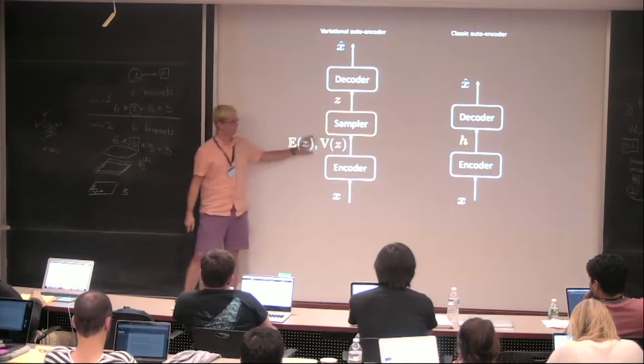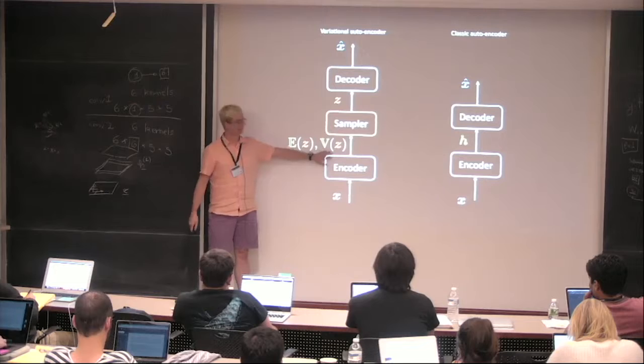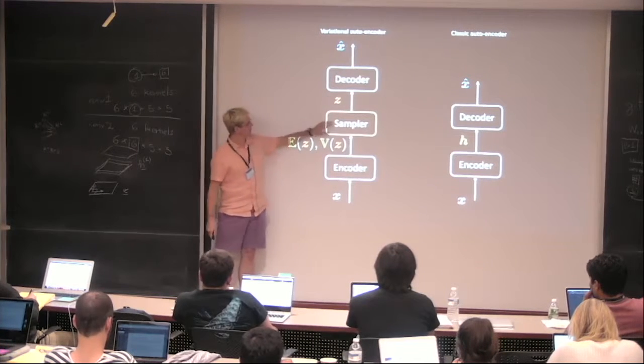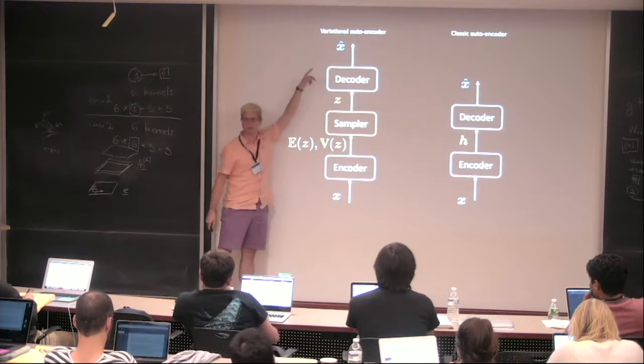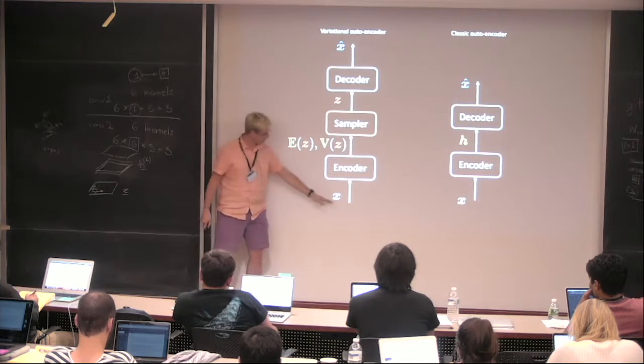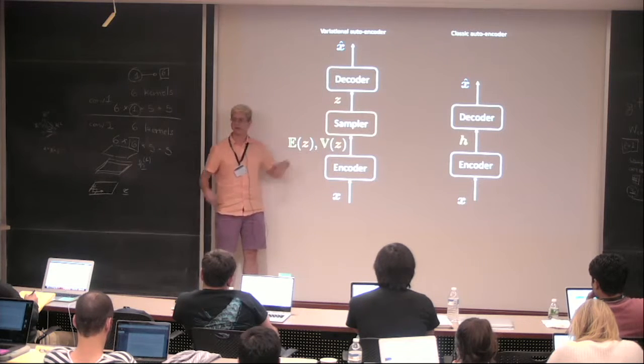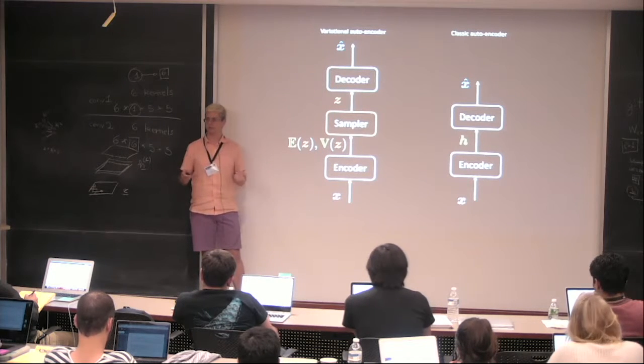So here I output these two, and given that I have a mean and a variance, I can sample one of those z's and use that z to reconstruct my x. So basically I have my encoder, which ends up with those two outputs, and here I add noise.